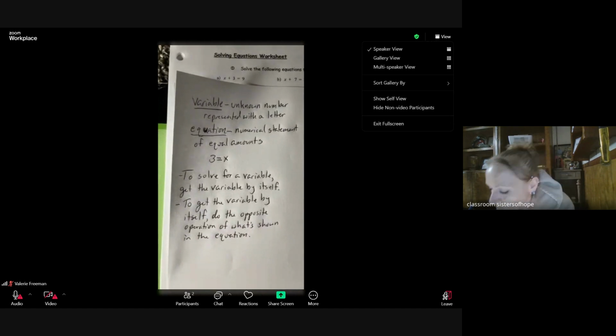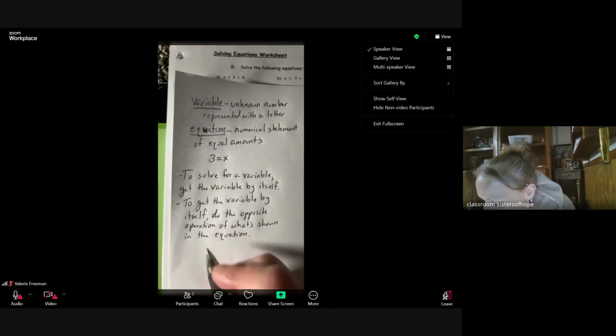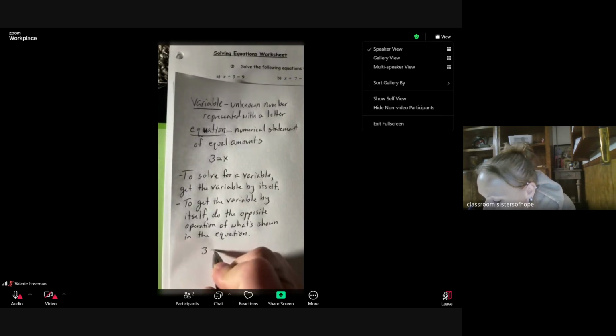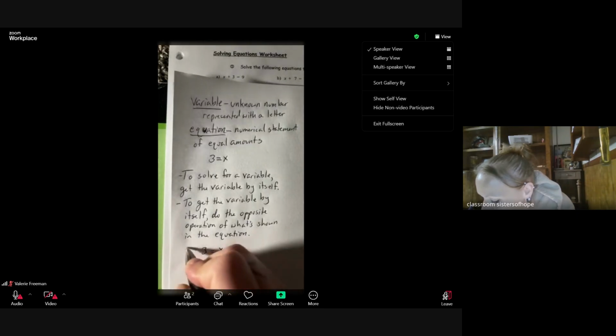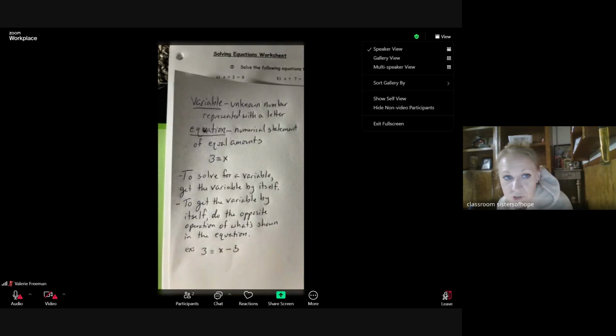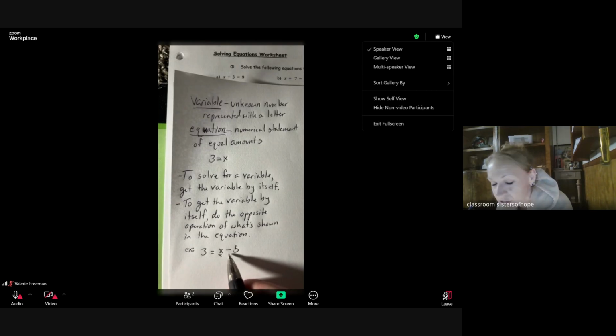So for example, if you have 3 equals x minus 5, we're trying to get that x by itself, right? So right now, x has a minus 5 next to it. Minus indicates subtraction. So what's the opposite of subtraction?